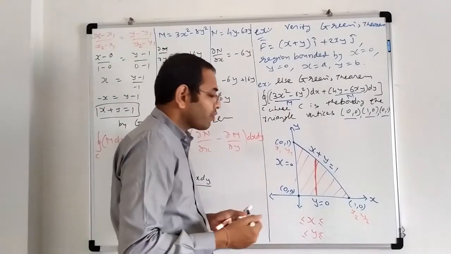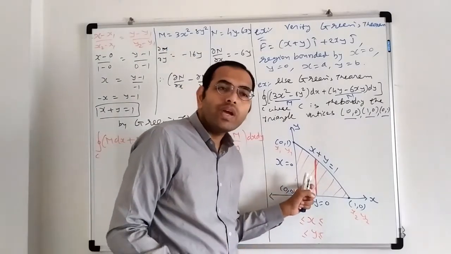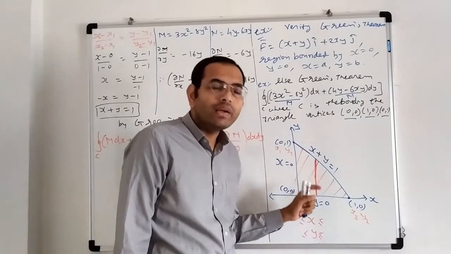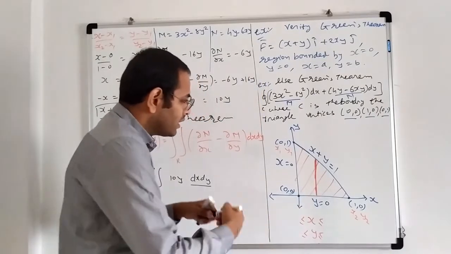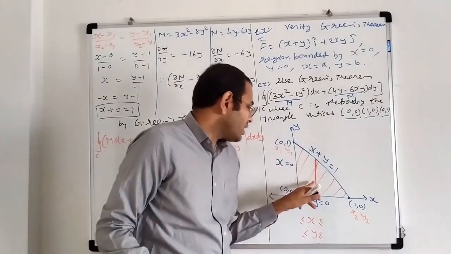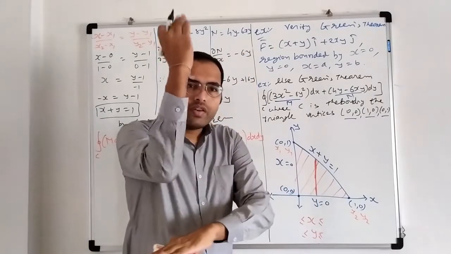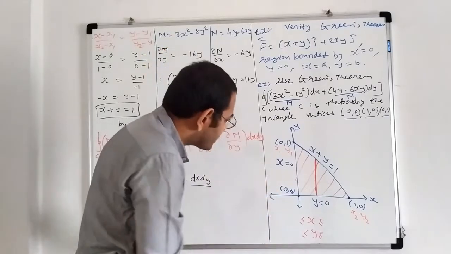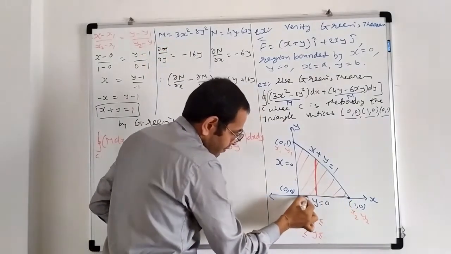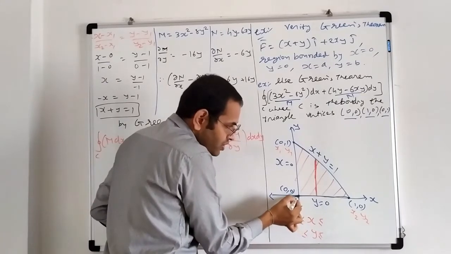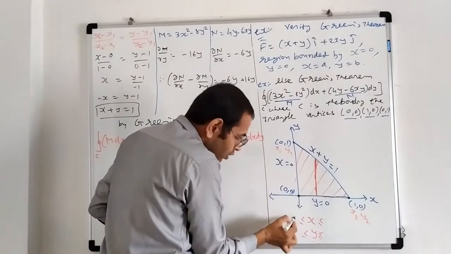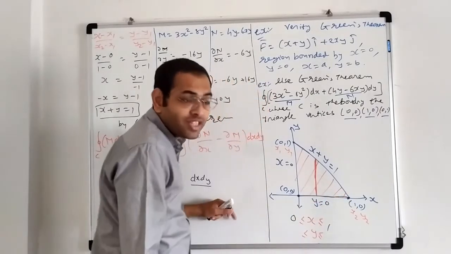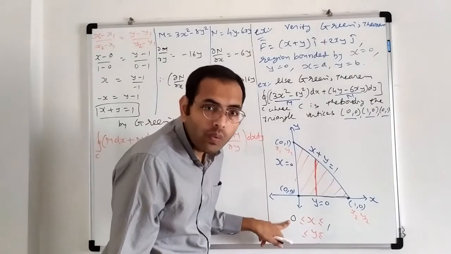Now, to find the limits of x and y, we can take a vertical or horizontal strip. Here we take a vertical strip, then we measure horizontal distance. At this position the value of x is 0, at this position the value of x is 1, so x varies from 0 to 1.